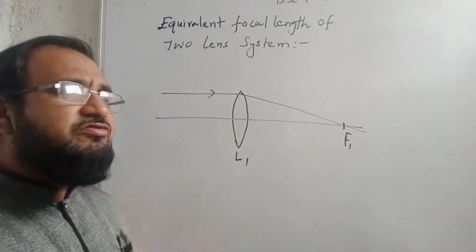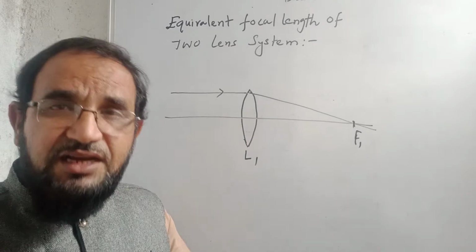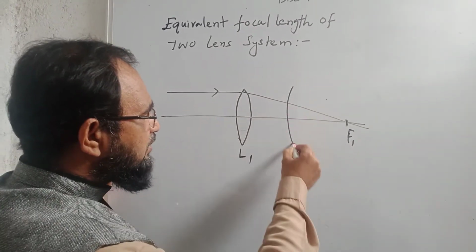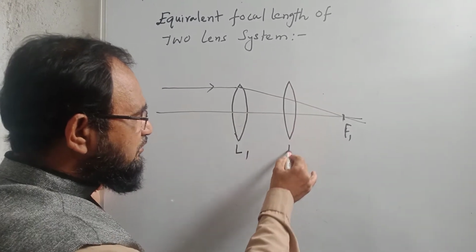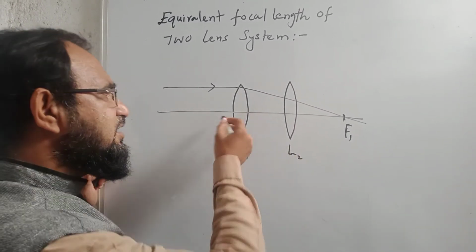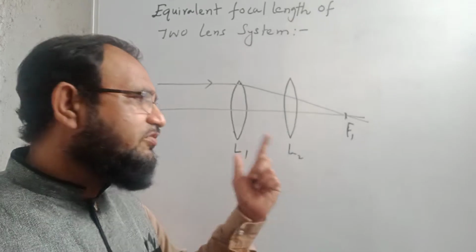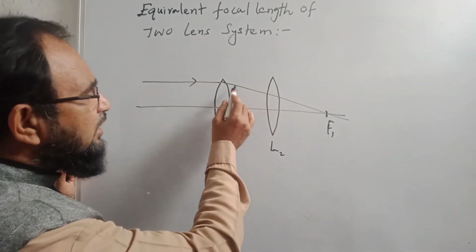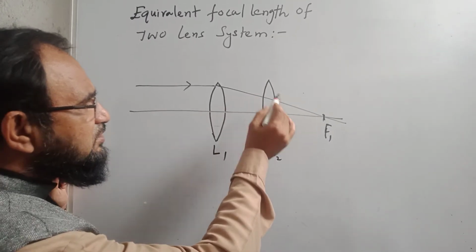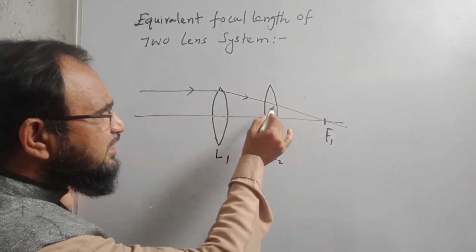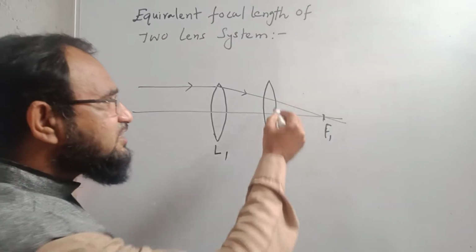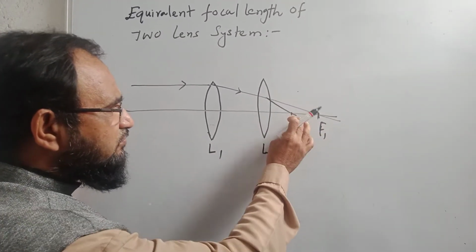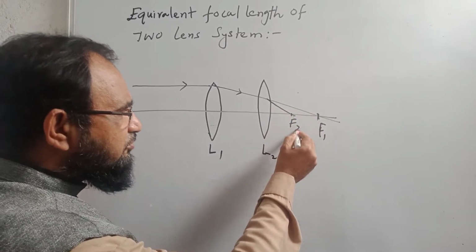But when we place a second lens L2 near the first lens, with a focal length different from that of L1, refraction takes place again when the ray is incident on the second lens, and after refraction the ray passes through the focus f2.